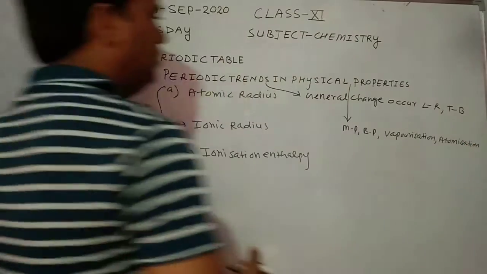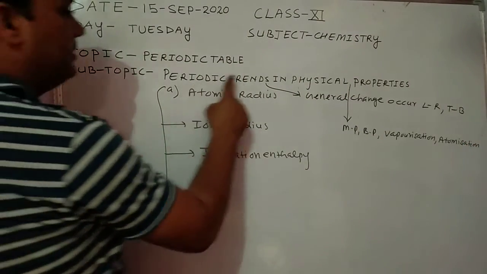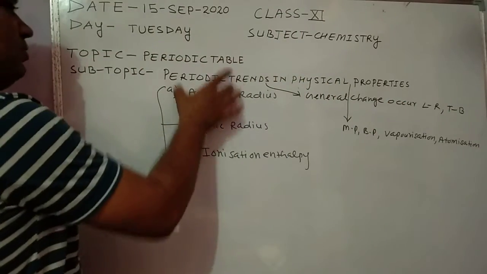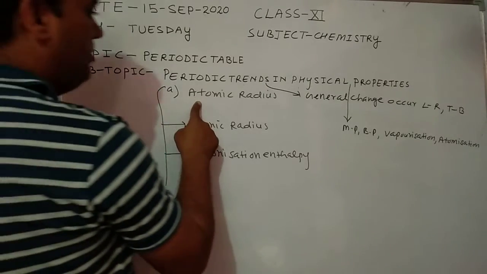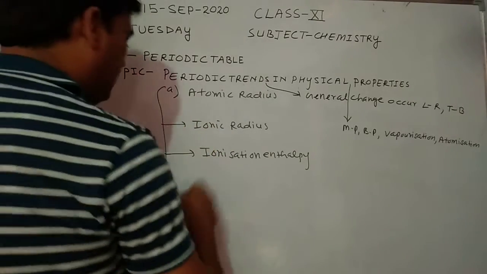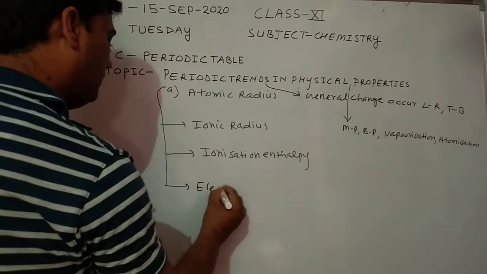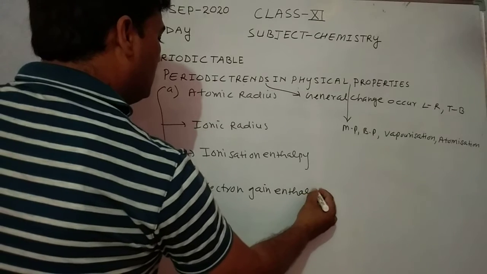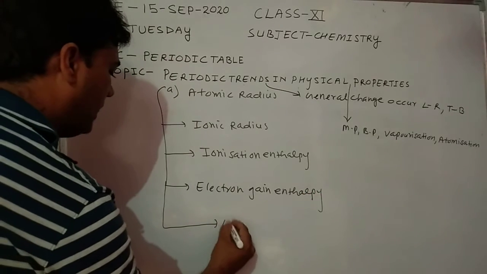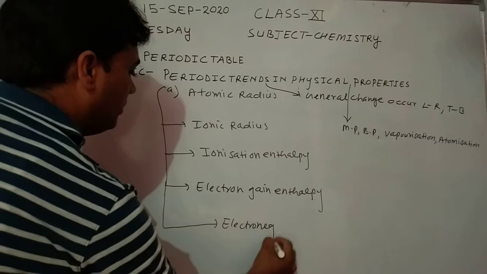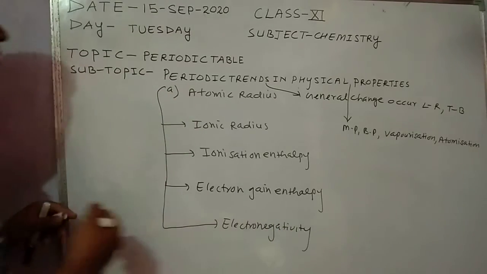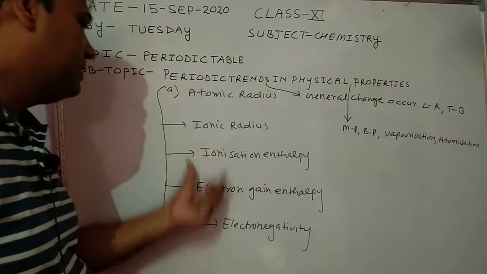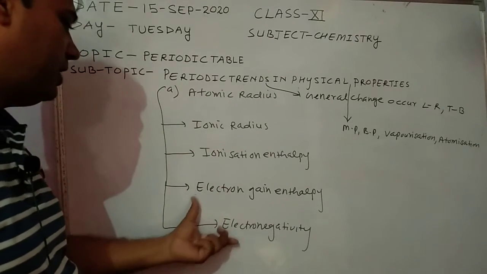So for better understanding of periodic trends in physical properties, when we move from left to right or top to bottom, you are required to understand the following points: atomic radius, ionic radius, ionization enthalpy, next electron gain enthalpy, and the last one is electronegativity.